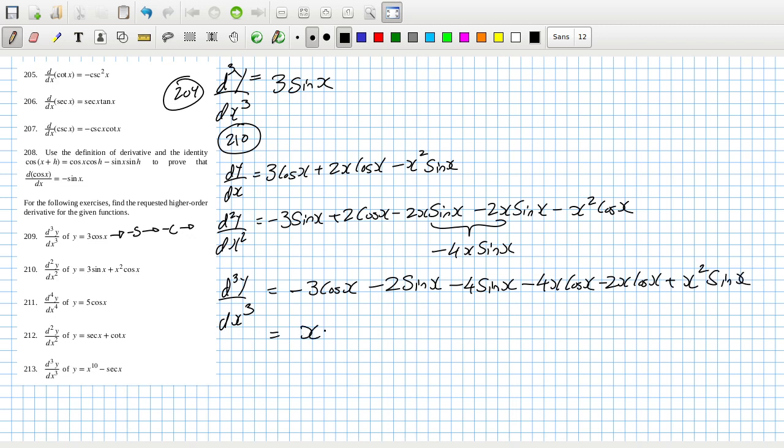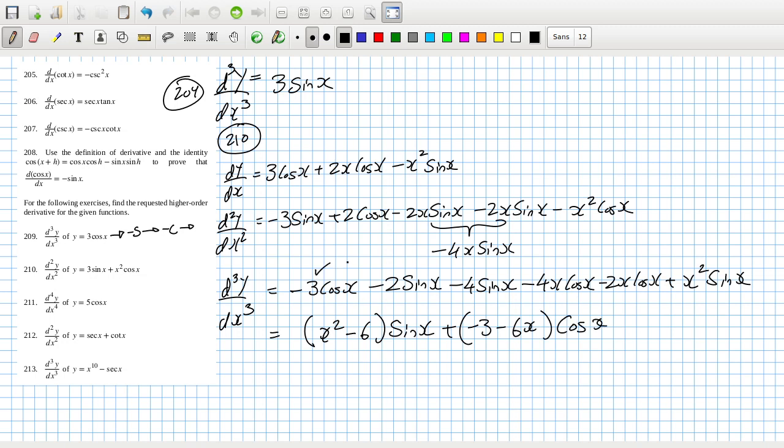So maybe I should group it by trig. The sine x would be an x squared, minus 4 minus 2, so actually minus 6 sine x. And then the cos x's, minus 3 minus 4x minus 2x, minus 6x cos x.